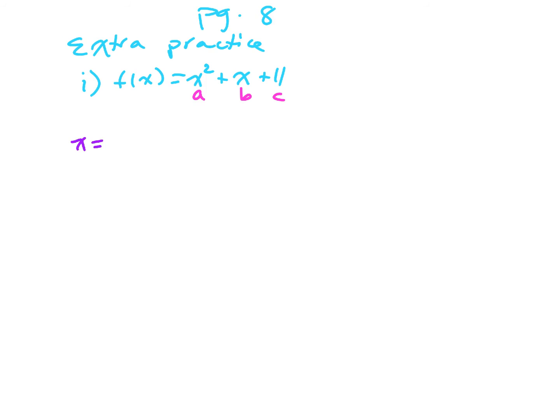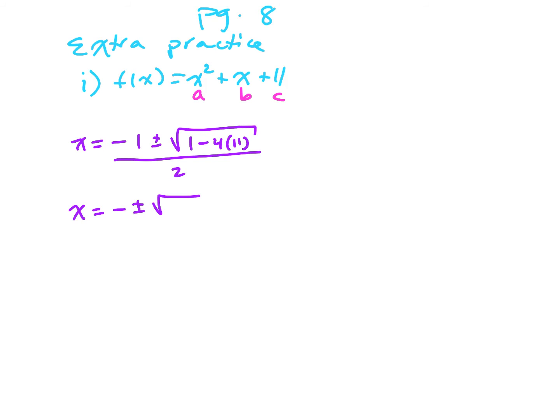My quadratic formula: opposite of b, plus or minus the square root of b squared, which is 1, minus 4 times 1 times c, I'm just going to plug in c because it's times 1, all over 2a, which is 2. Let's simplify. That's negative 44, so negative 43. That's negative, so I'm going to have imaginary, and I always drop that 1 right there. I don't know why.